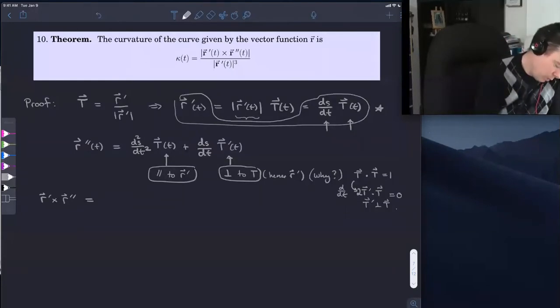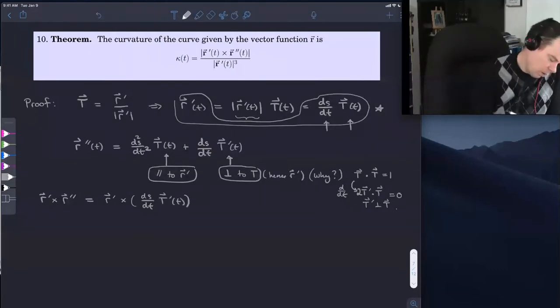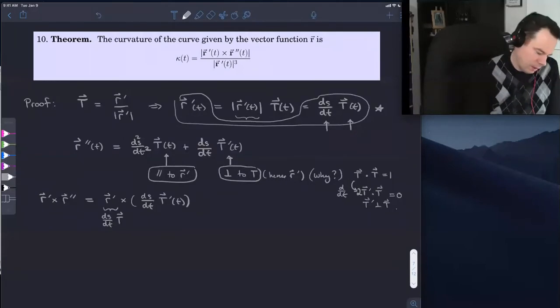So this means only the second one survives. Only the cross product of these two. And this is ds dt times t. Right? That's again using star, that formula up above.